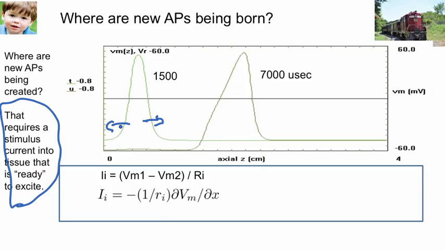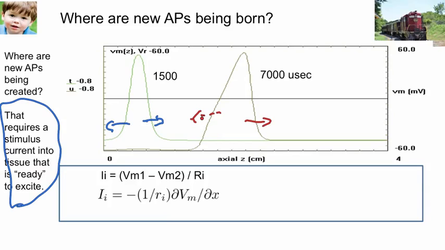At 7 milliseconds, we have a strong axial current to the right, which is stimulating tissue that has not yet been excited. There also is a substantial, not as great, but a substantial stimulus current to the left, but that is not going to create an action potential because that tissue has already been excited and it is too soon for another action potential to be created.